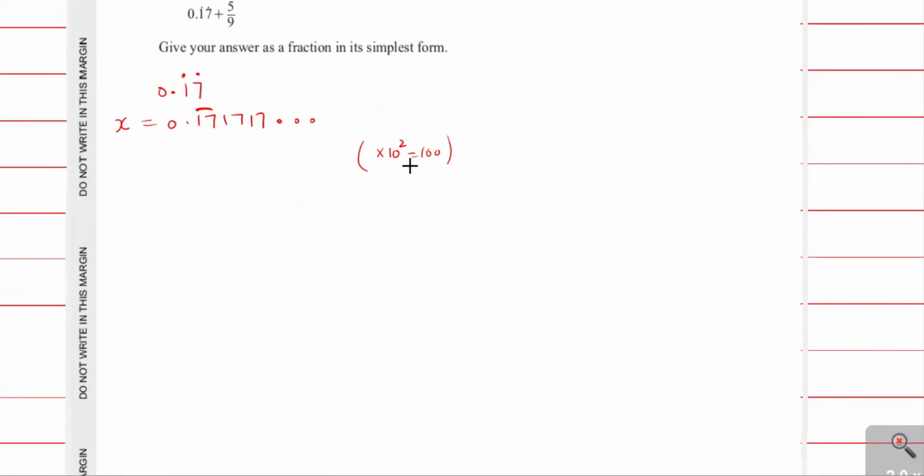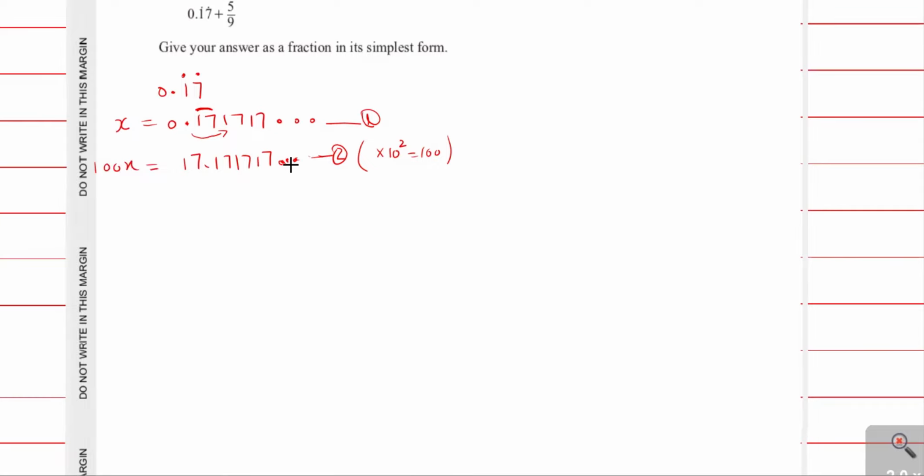Therefore, when you multiply by 100, this value becomes 100x, and this value becomes 17.1717. When we multiply by 100, the decimal shifts 2 digits from left to right. In the next step, these are two equations, equation 1 and equation 2.